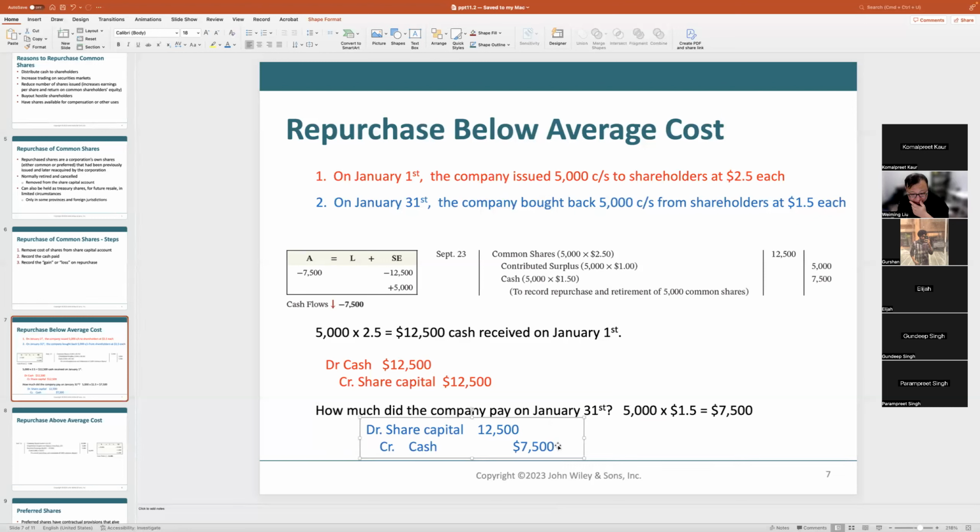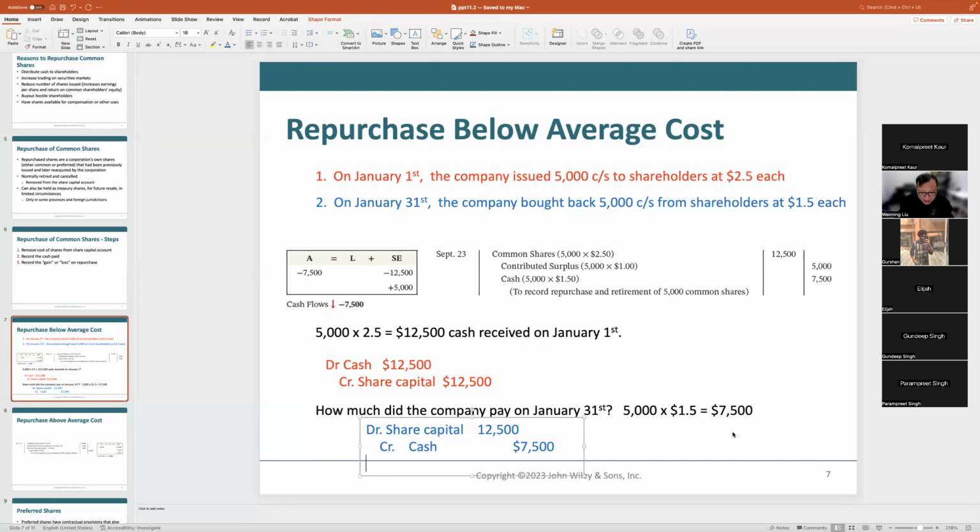But it won't be balanced because you debit 12,500, you credit 7,500. So you don't have enough credit. You have more debit.